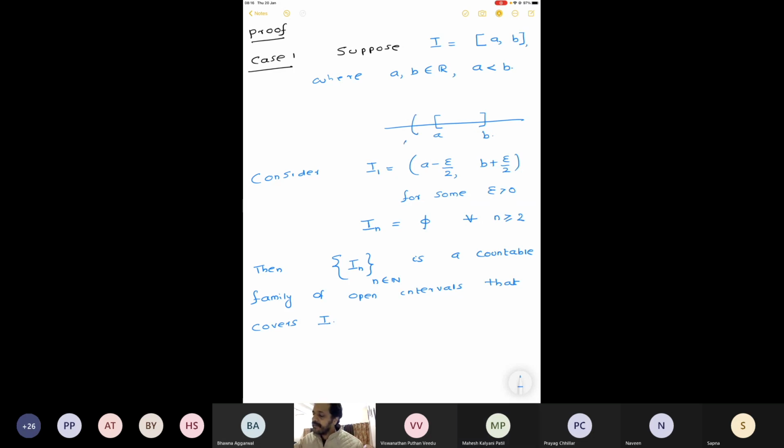Yes, sir. Even a single interval in that family is enough to cover the closed interval [A, B]. Okay.